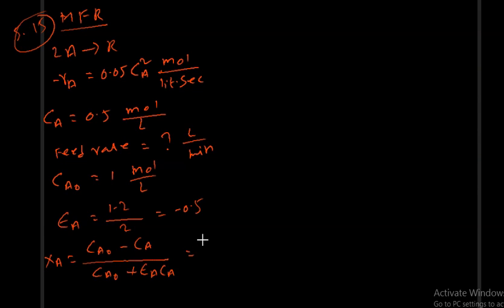If you substitute the values, then we will be getting 1 minus 0.5 divided by 1 plus minus 0.5 into 0.5. So Xa is equal to 2 by 3.